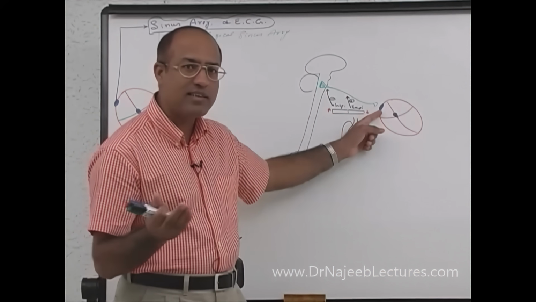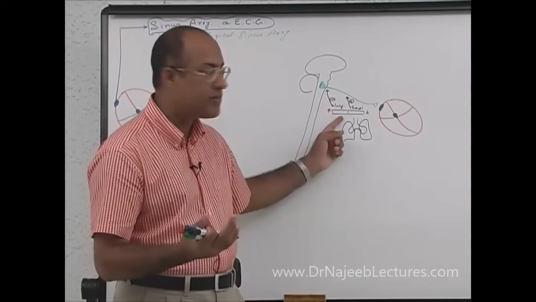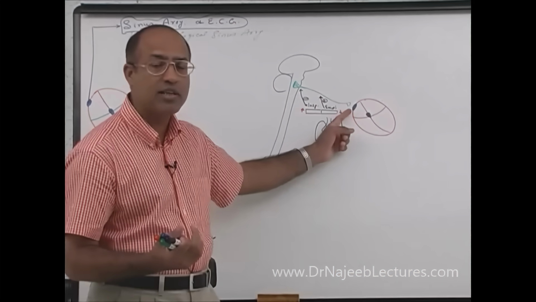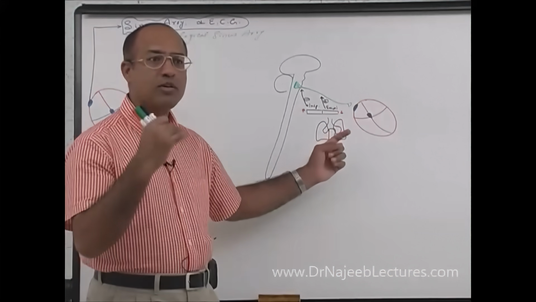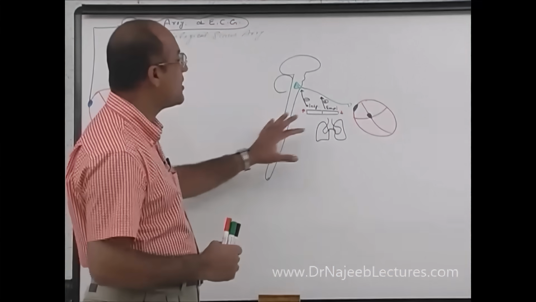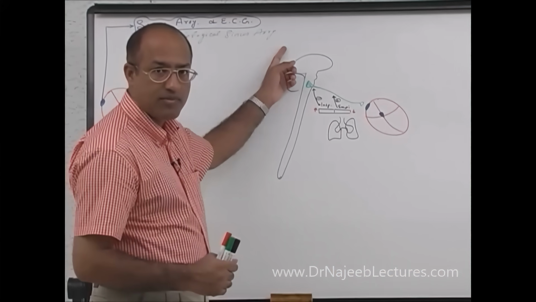So there is a slight increase in heart rate during inspiration. But as soon as you start expiration, vagus is stimulated, it is able to inhibit the heart rate. So during expiration, your heart rate goes slightly down. This phenomenon is called physiological sinus arrhythmia, right?